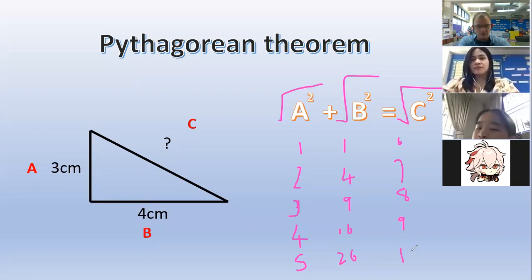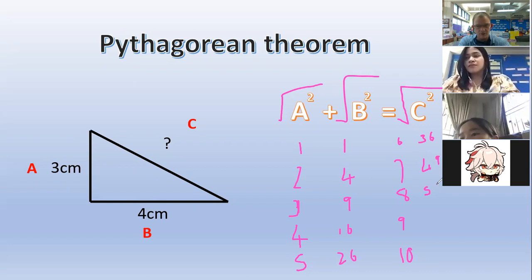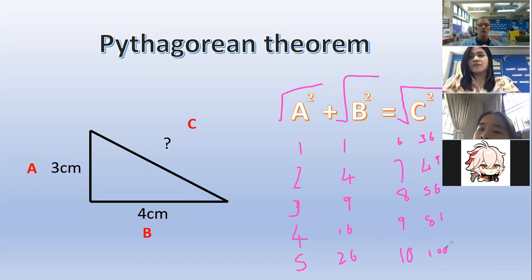Just to give you an idea of the square roots again. 6 squared will equal 36, 7 squared is 49, 8 times 8 is 64, 9 times 9 is 81, 10 times 10 is 100. So usually if I ask you a question with the Pythagorean theorem, I'll always make sure that the answer is one of these 10 to 12. We can do up to 12 or 15 square roots so that it's not too difficult to calculate.